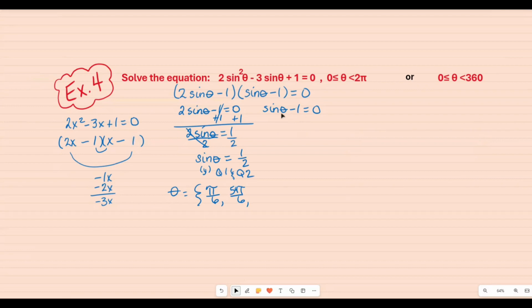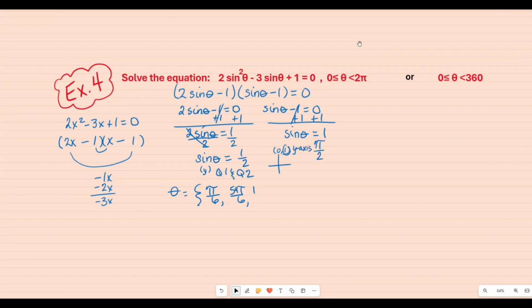Now, on this side, all I have to do is add 1 to both sides of the equation, and therefore I'm looking for where sine theta is equal to 1. Well, the only place that is equal to 1, if I just think about my coordinates, is 0, 1. And this is going to be my 90 degree, or pi radians over 2 answer.